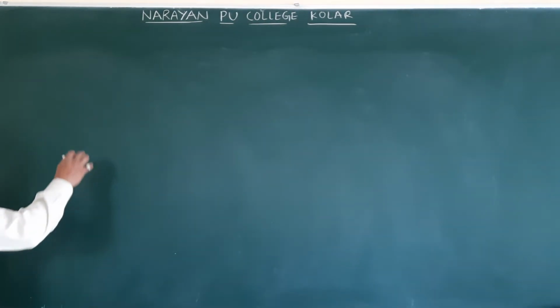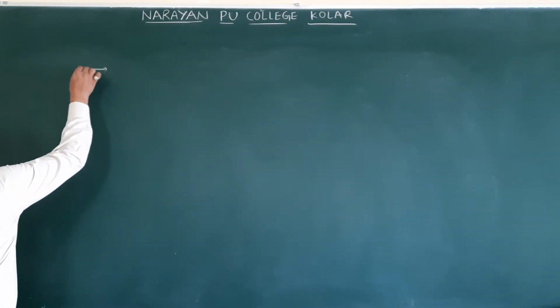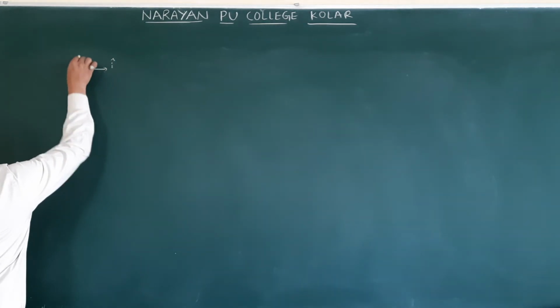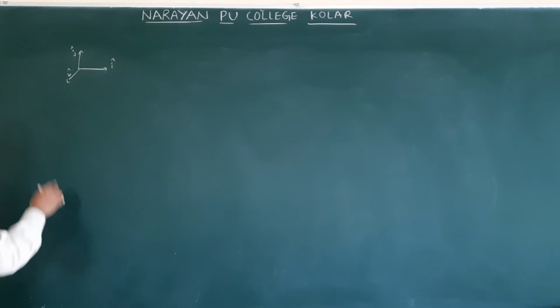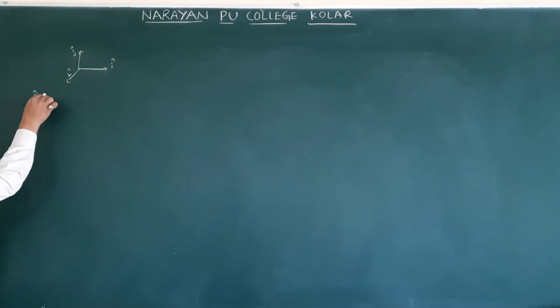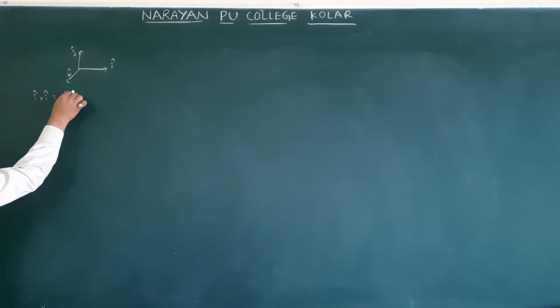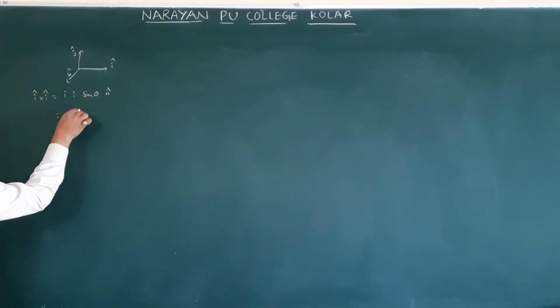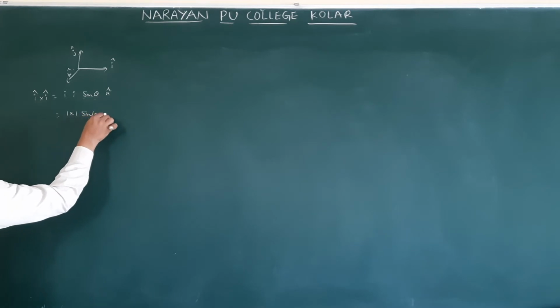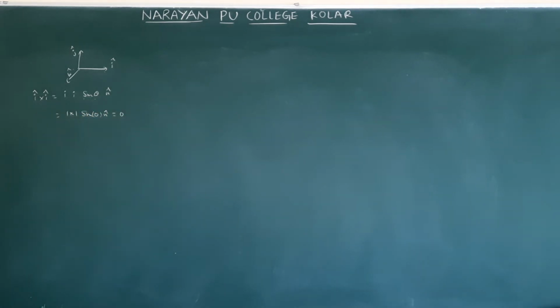Next see i cap cross i cap. It is i i sin theta n cap, which is 1 into 1 into sin 0, since the angle between i and i is 0. Sin 0 is nothing but 0.